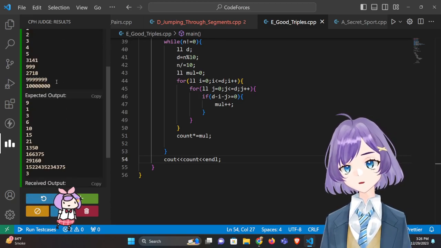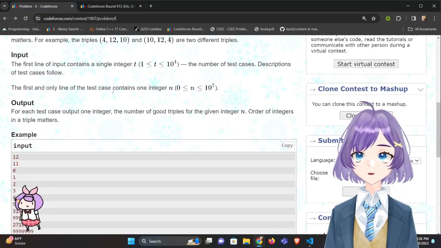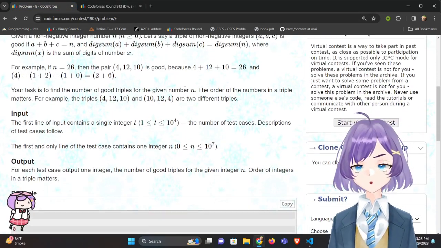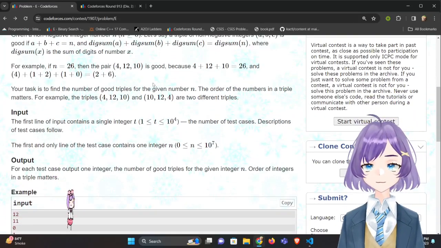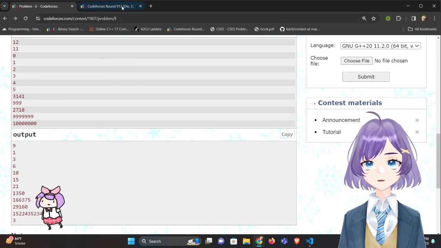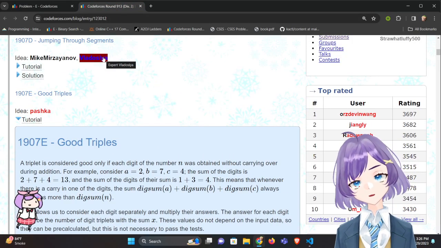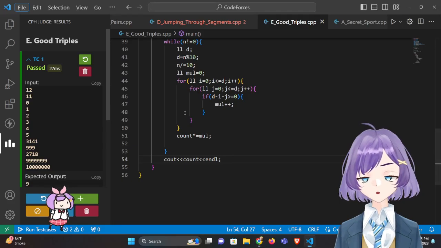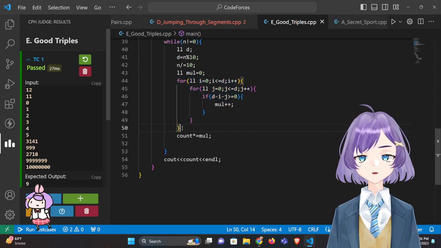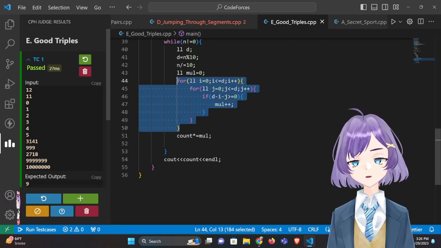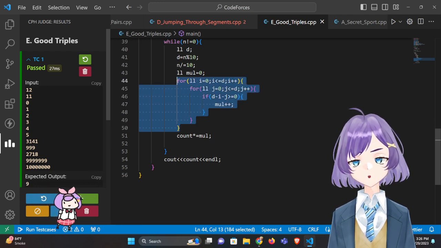All the test cases have been passed. I did not ask for anything modular. This thing is just to find the triplets for all the numbers from 0 to 9. Nothing more.